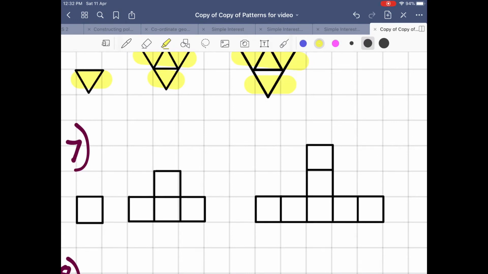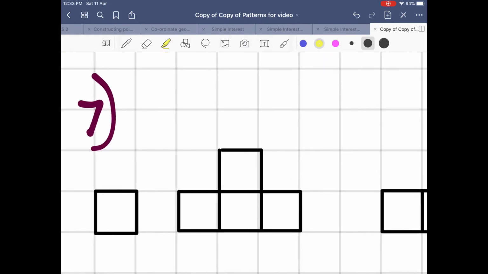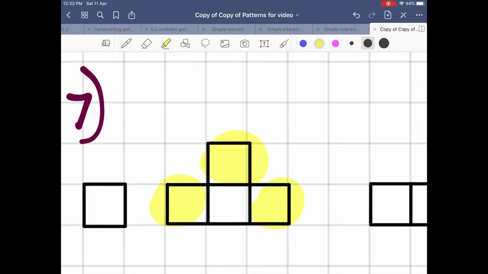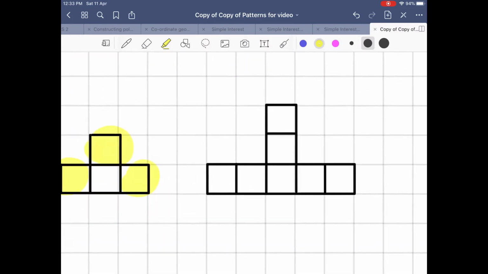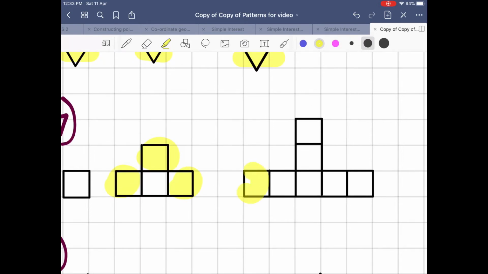Okay, next shape we have what looks like a T that is upside down. So we are seeing from the first to the second pattern we are increasing by adding 1 box to the left, 1 to the right, and 1 on top. Again, from second shape to third shape we are adding 1 to the left, 1 to the right, and 1 on top from the previous shape.